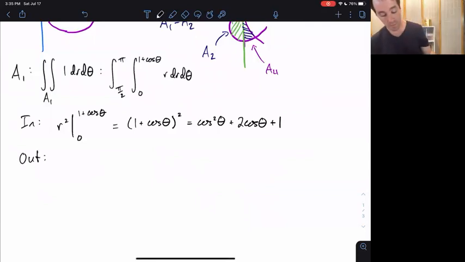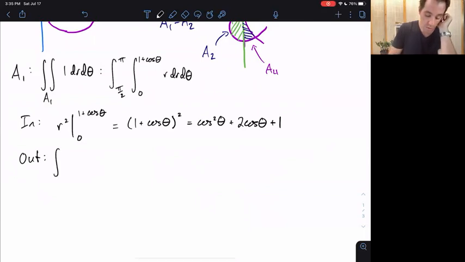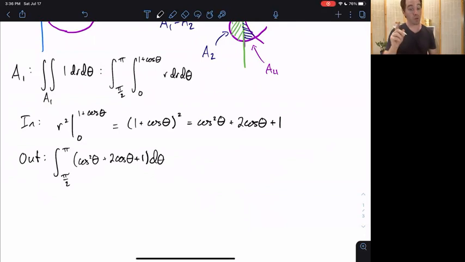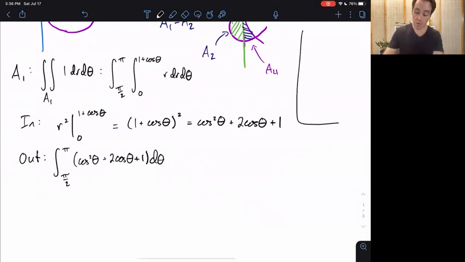For the outer, it's the integral from pi over 2 to pi of that. Now for cosine squared, remember, if you want to integrate that, you usually use the double angle identity for cosine. So I'll box that over here.